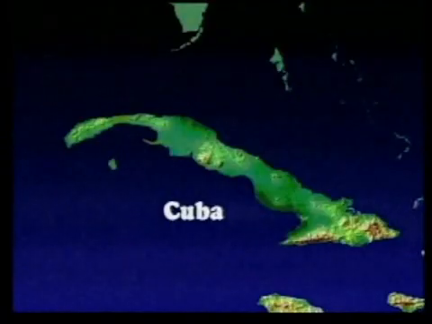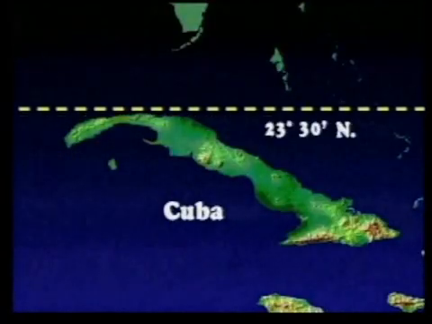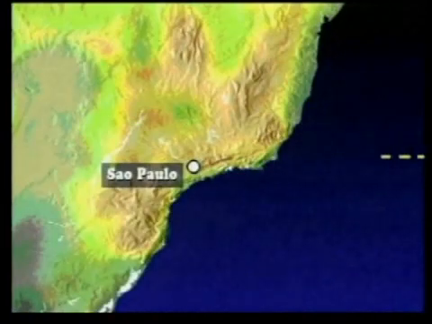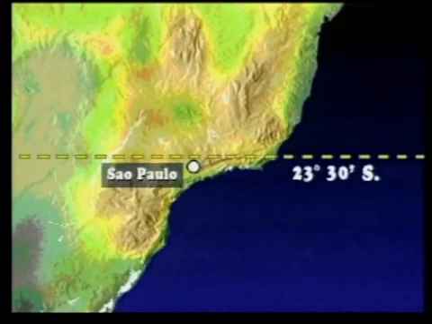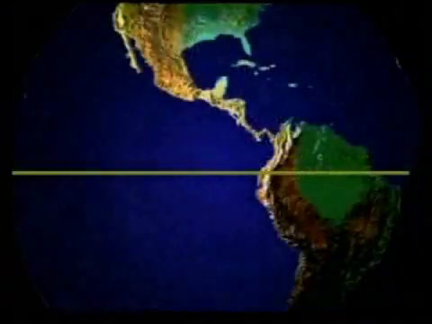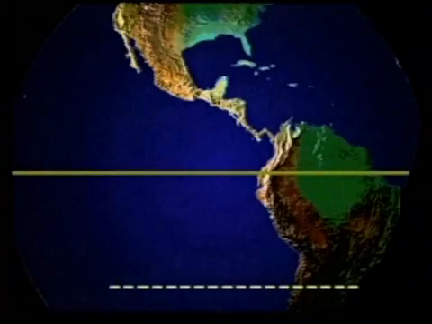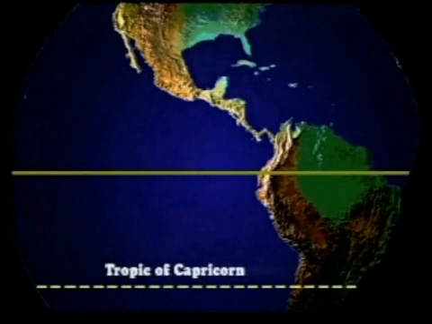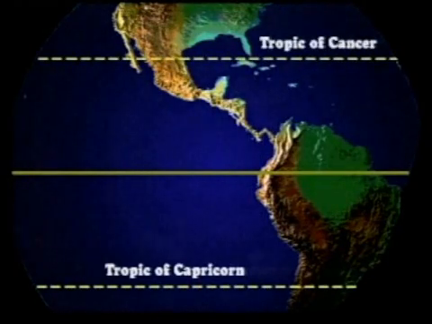For example, we could say that the northern edge of Cuba lies at 23 degrees 30 minutes northern latitude, and that Sao Paulo, Brazil lies at 23 degrees 30 minutes or 23½ degrees southern latitude. By the way, 23½ degrees southern latitude is called the Tropic of Capricorn, and its corresponding latitude in the northern hemisphere is known as the Tropic of Cancer.